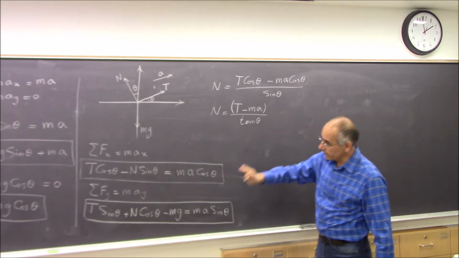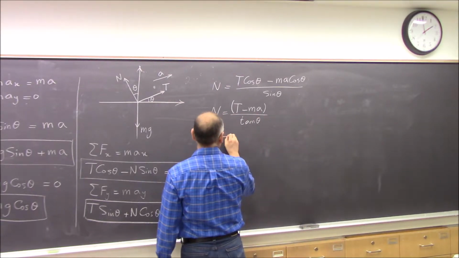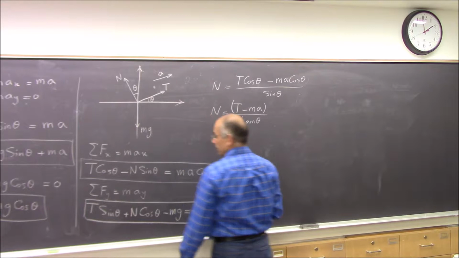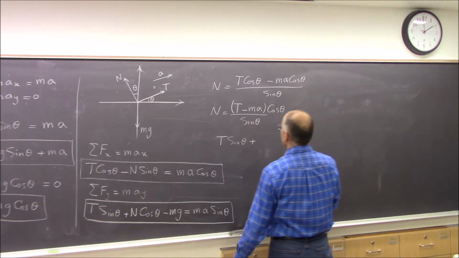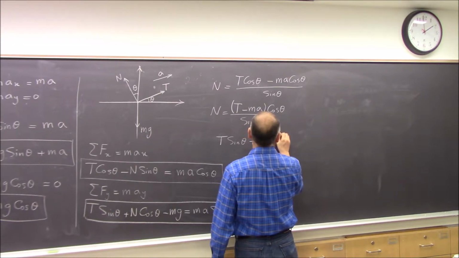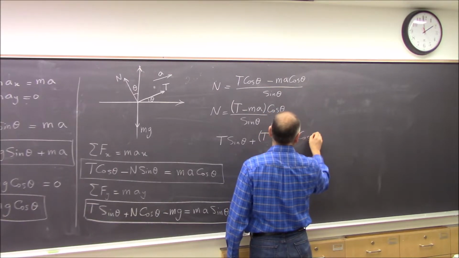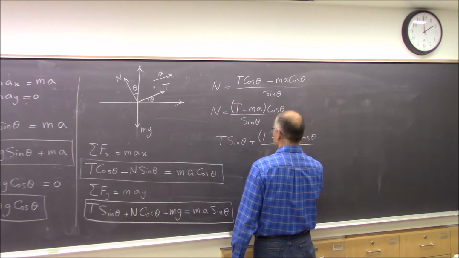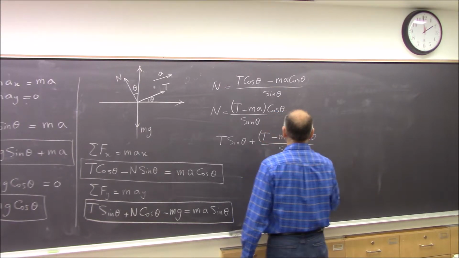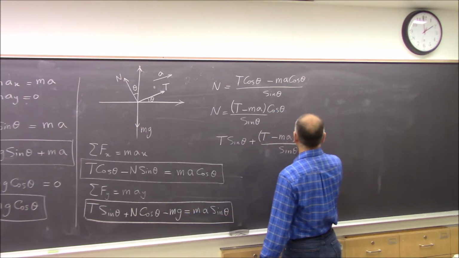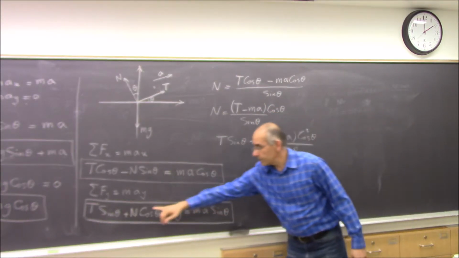So I can put this N in this equation. So T sine theta plus N cosine theta becomes T minus ma times cosine theta divided by sine theta, times another cosine theta, which becomes cosine squared theta, right? This one is for N multiplied by cosine theta.